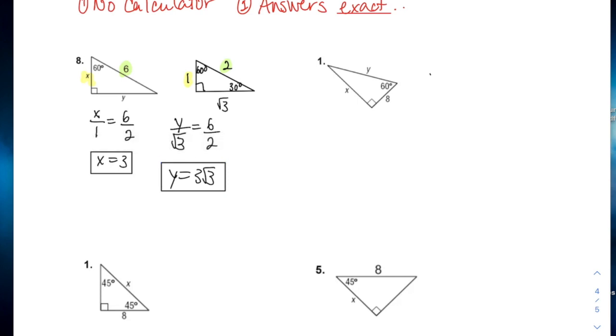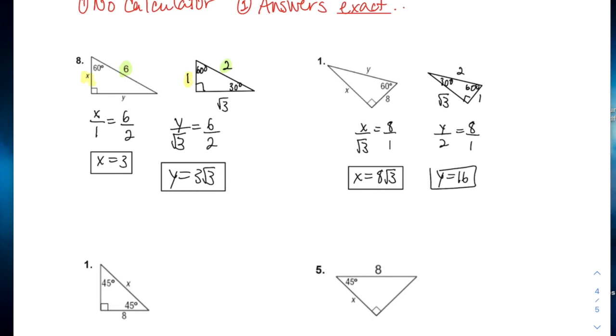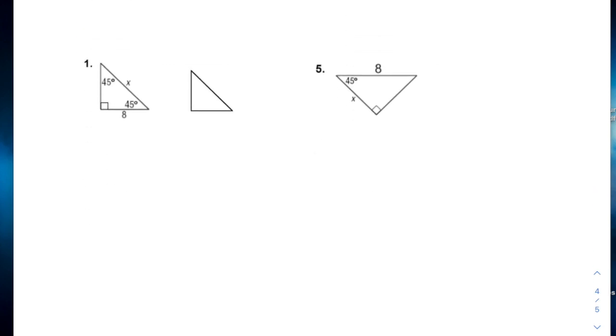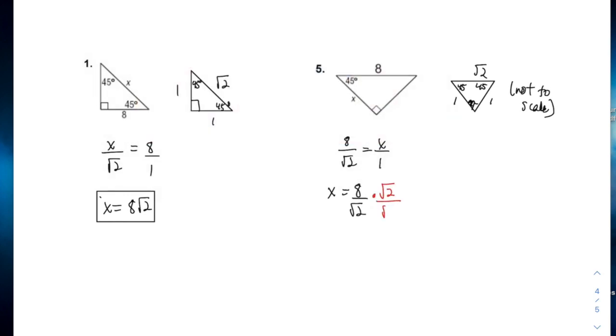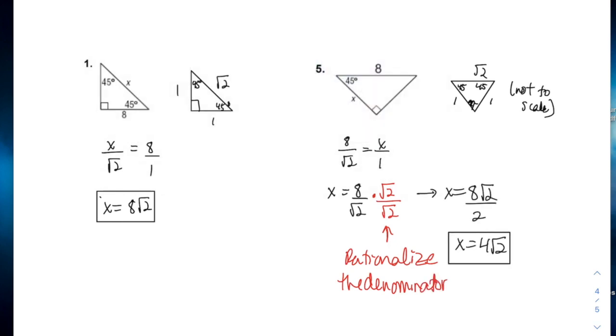All right, let's look at the next one. Okay guys, just something to note, I don't want any radicals in the denominator.